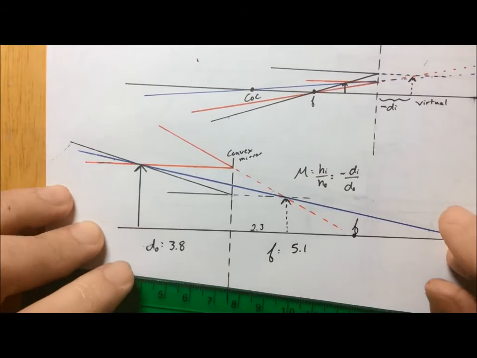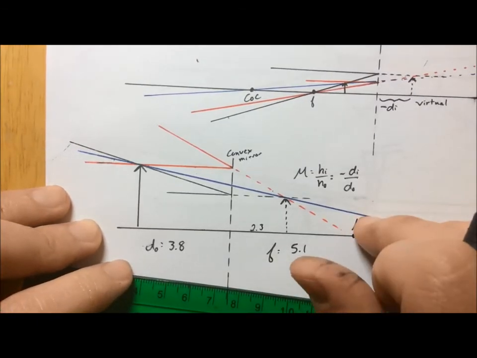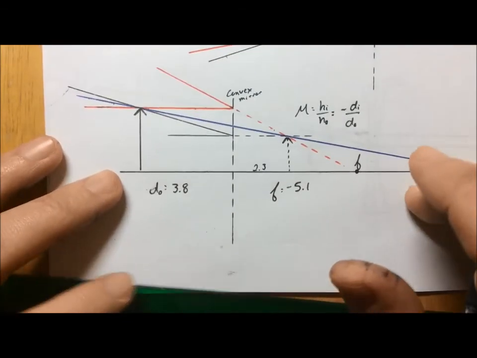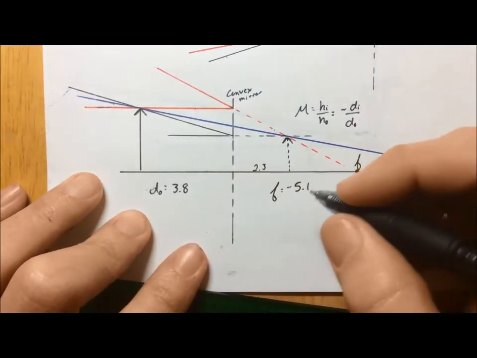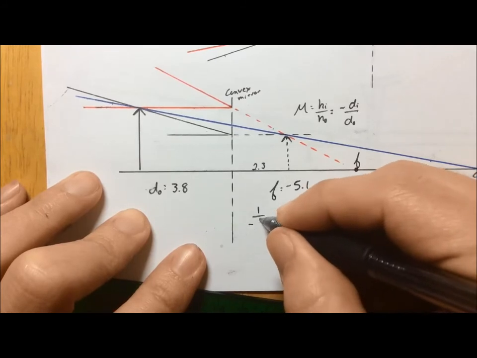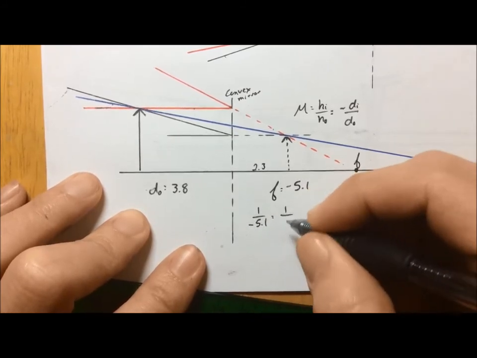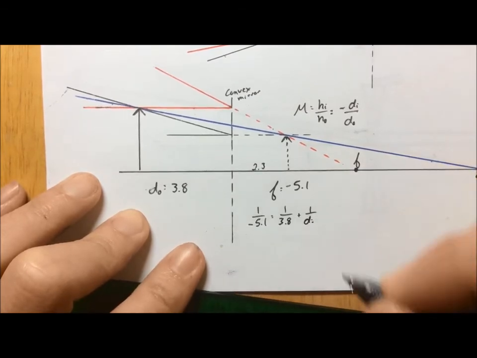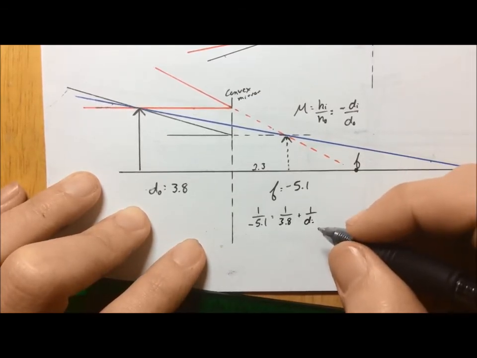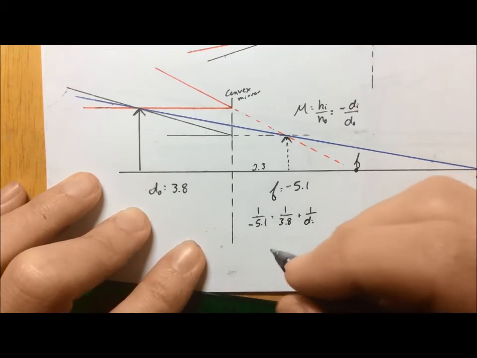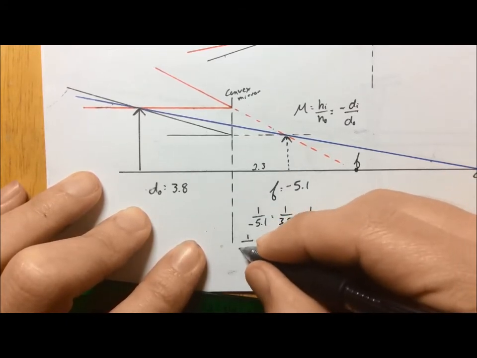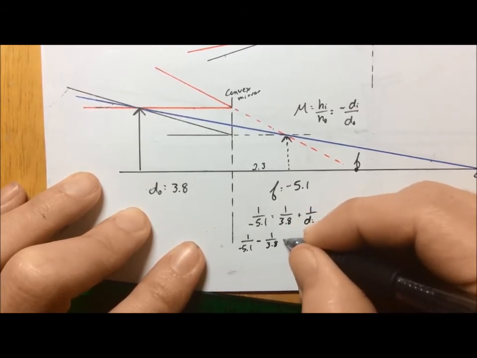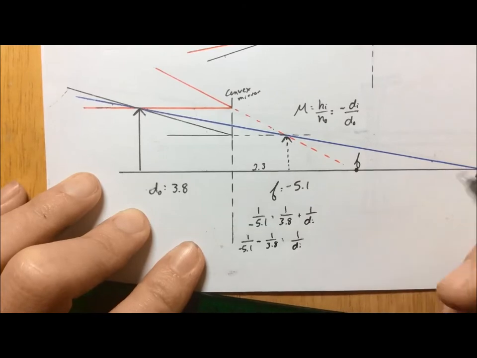But one thing to notice is that f is on this side of the mirror. That's the virtual side. That's the negative side. So we'll put a negative there. So let's see. I got 1 over f, negative 5.1, is equal to 1 over do, which is 3.8, plus 1 over di, which is what we want. And then I'm going to move stuff around. So I've got 1 over negative 5.1 minus 1 over 3.8 is equal to 1 over di.